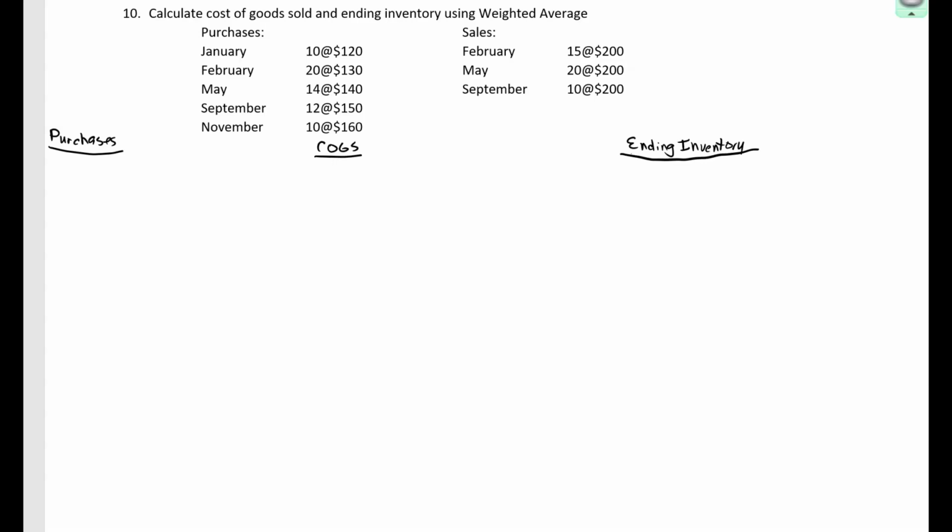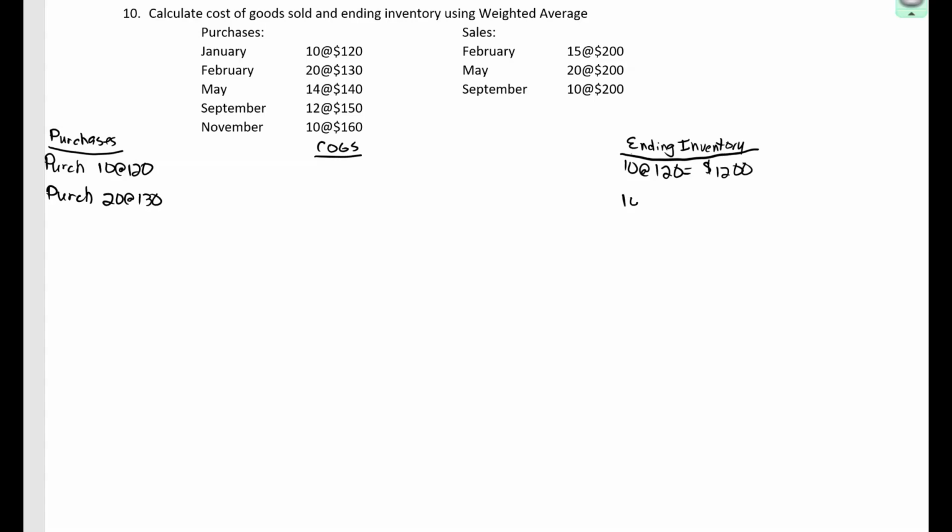Again, we're starting out at 0. So let's look at it: we purchased 10 at 120, which means our ending inventory so far is just 10 at 120, which is $1,200. Then we purchased 20 at 130.